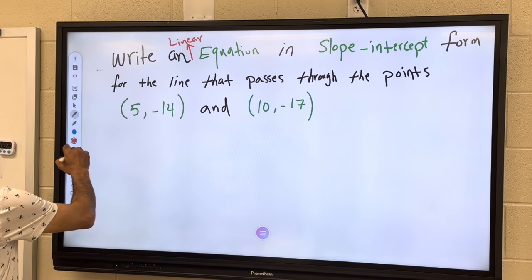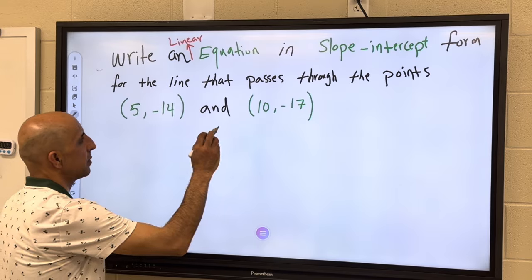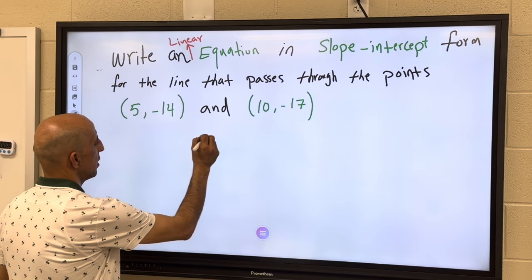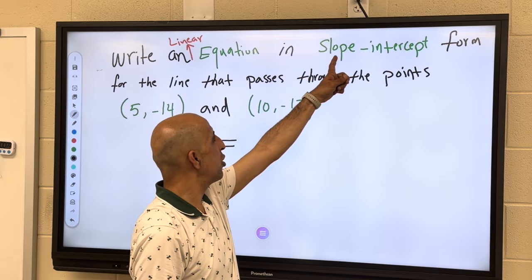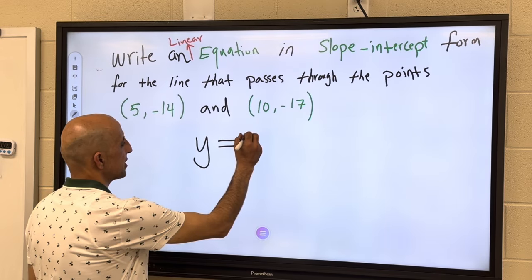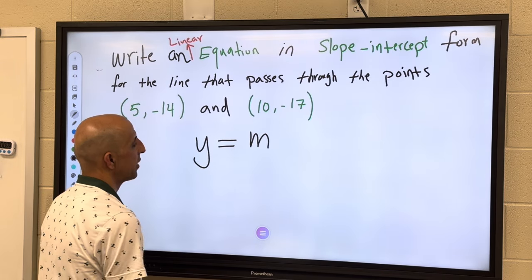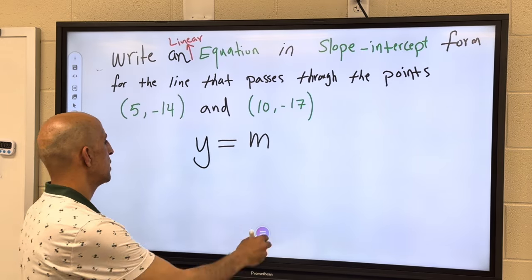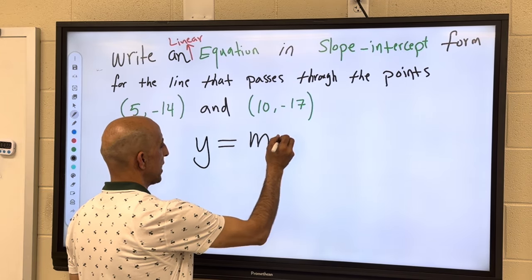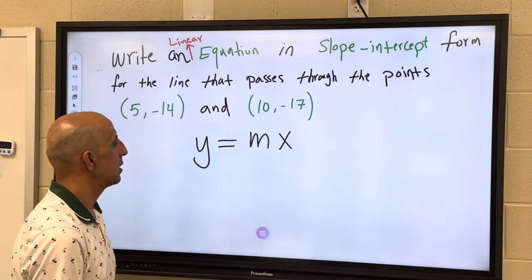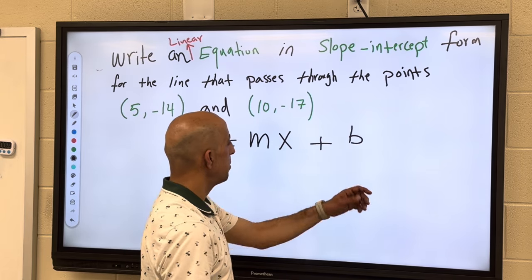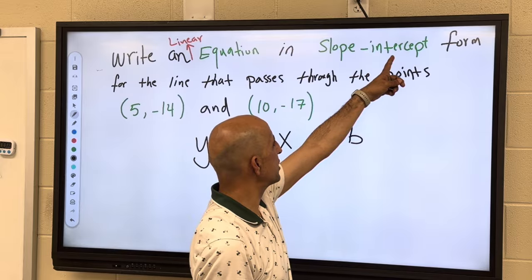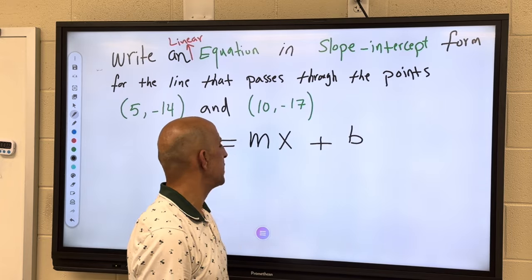First, the slope-intercept form is like this: y is equal to the slope. We can represent the slope with the letter m, so y equals mx plus b. b is the intercept, or the y-intercept.